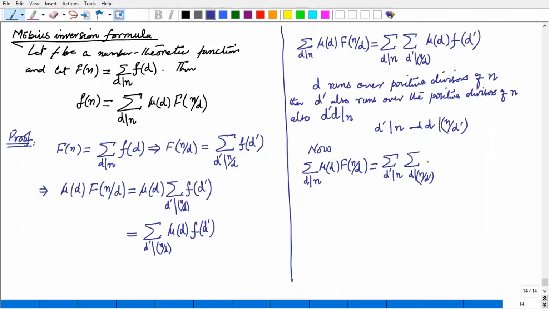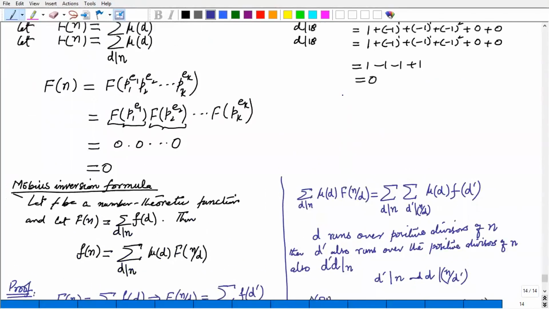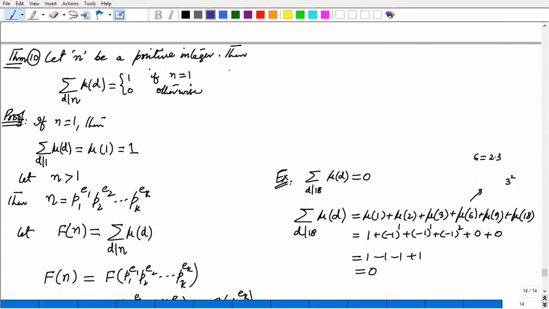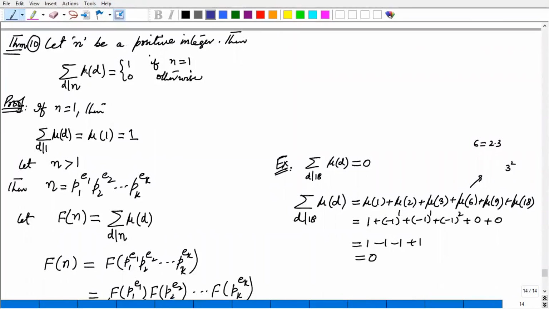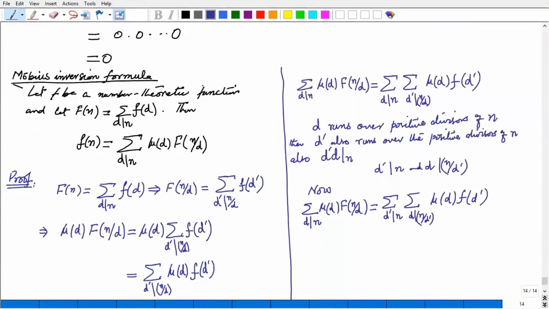So in that case, we can write mu d f d prime. Okay, so for the last theorem that we discussed in the last class, theorem 10, this sum is equal to 1 when n is equal to 1 and 0 otherwise, for all the other cases.